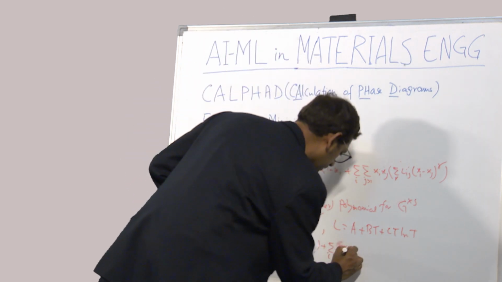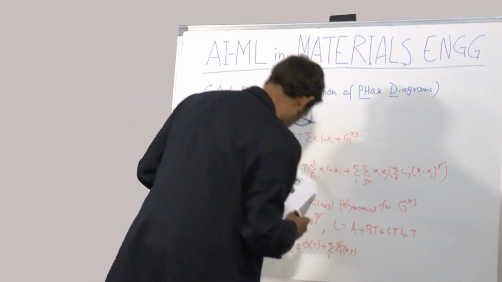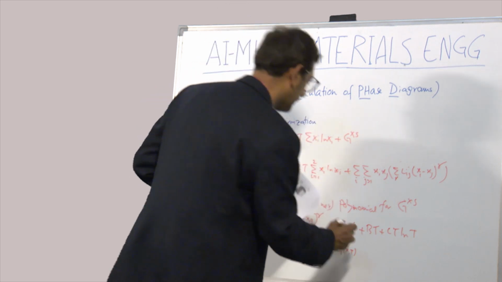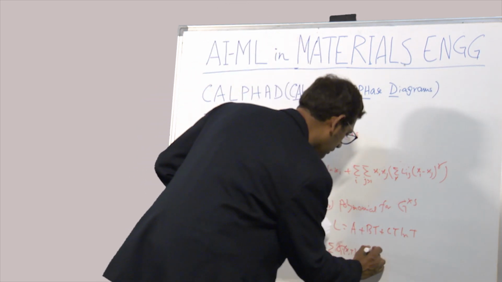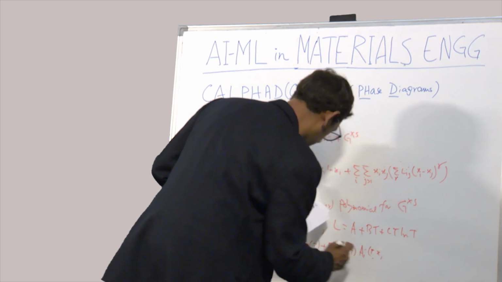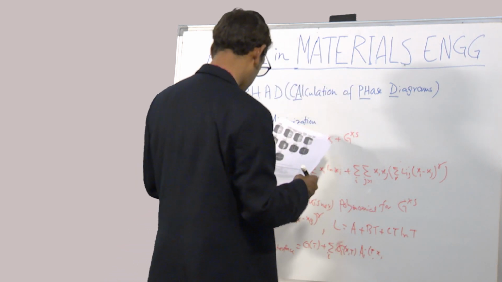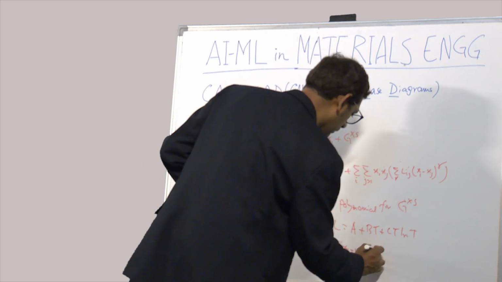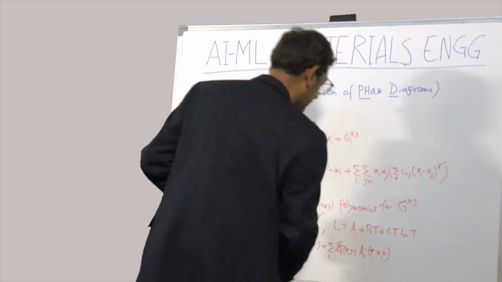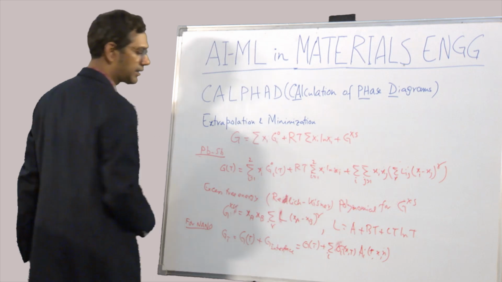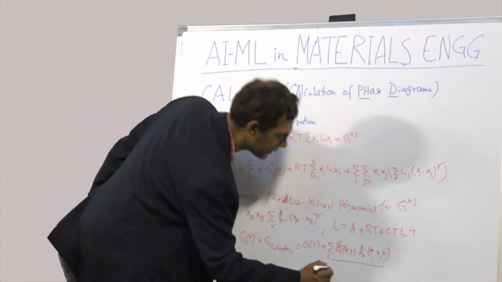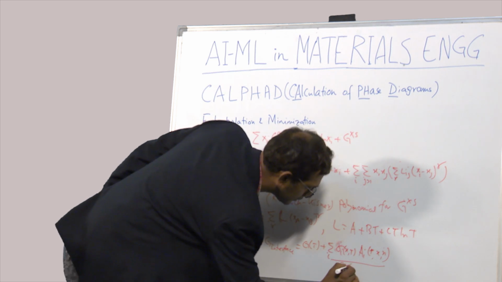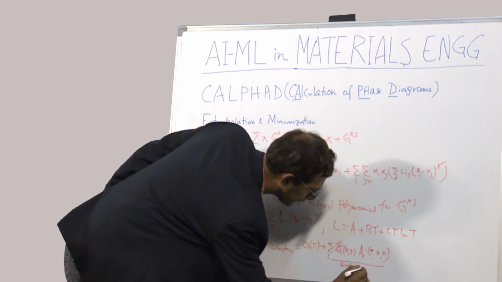This is also a function of composition and temperature both, into A_i, which is a function of temperature, composition as well as the number of moles present, correct. So, we are adding an extra term which comes from the surface area.